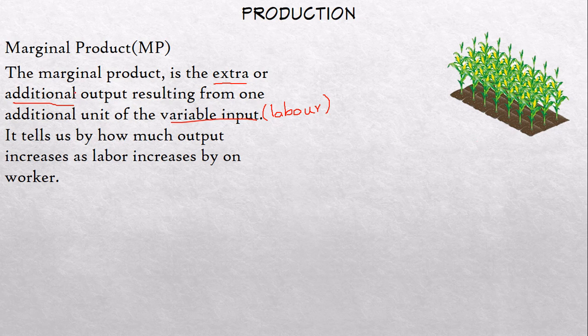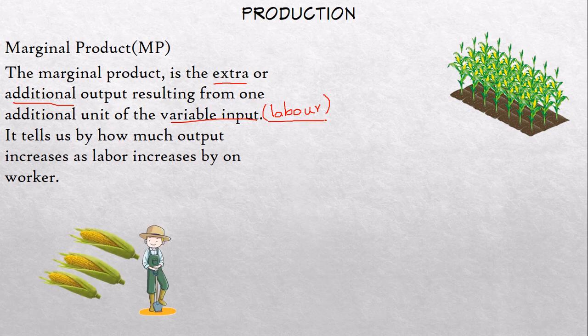Again, the marginal product is the extra or additional output resulting from one additional unit of labor.